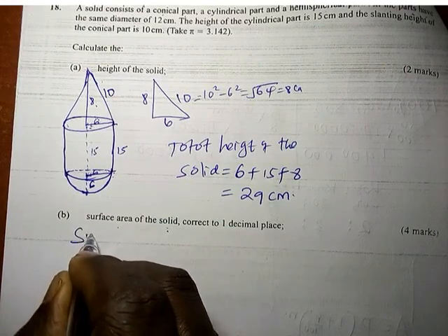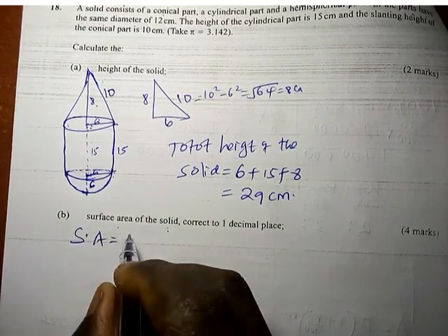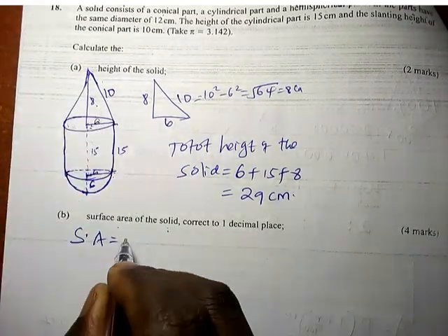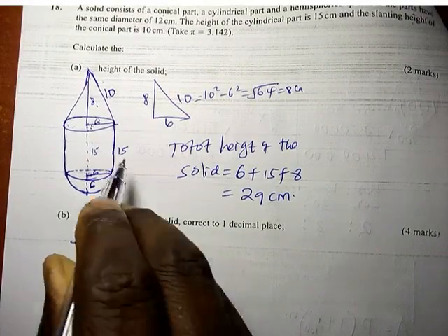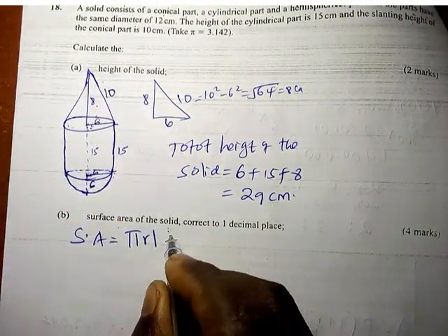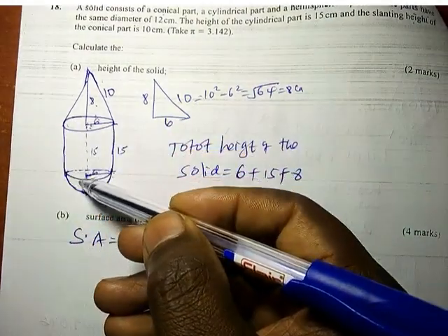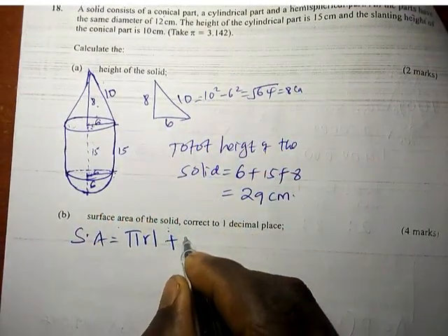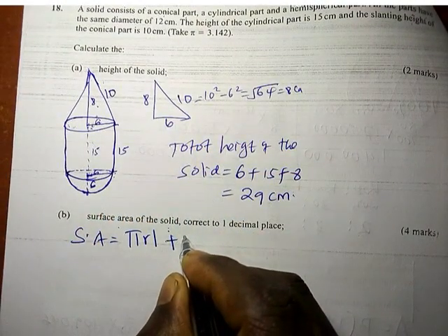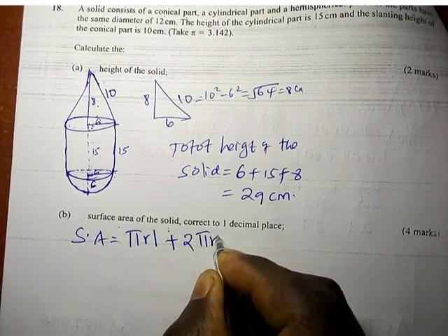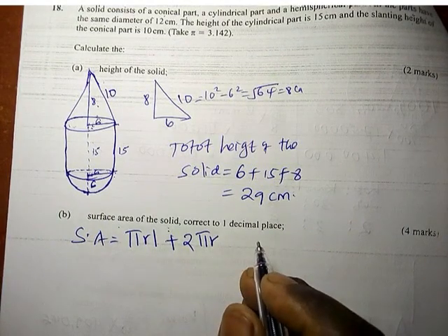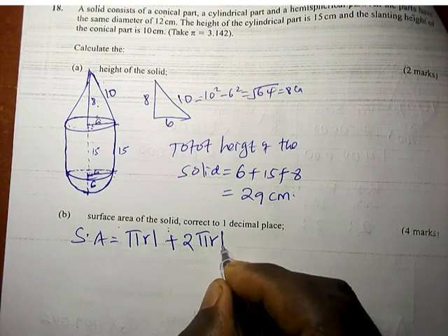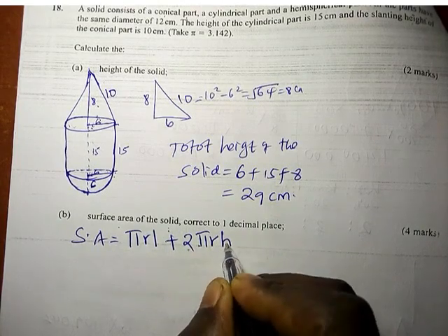So surface area is equal to, I want to start with the conical flask, it will be pi r l, that is the curved surface area. Then plus the curved surface area of a cylinder, which is 2 pi r h.